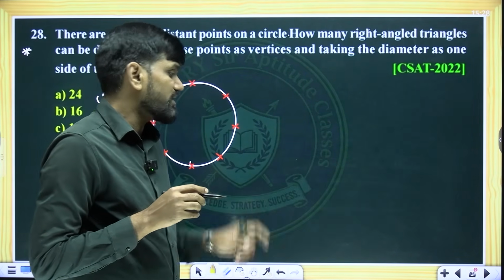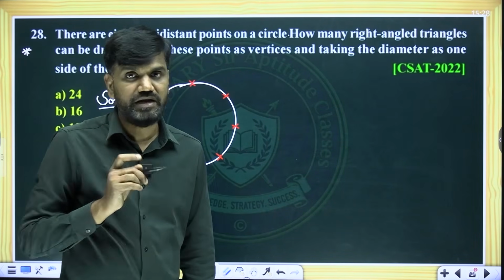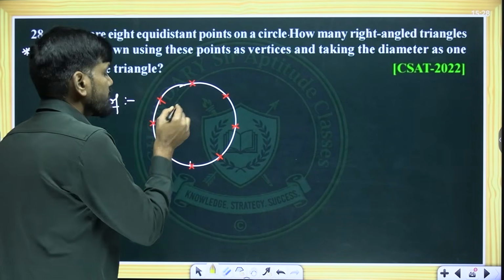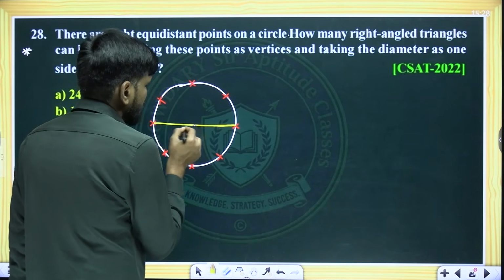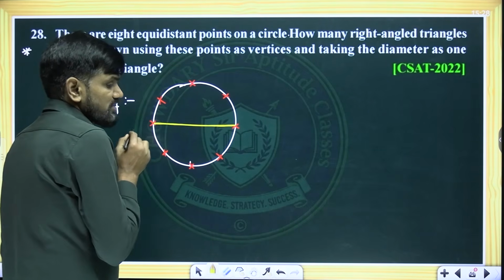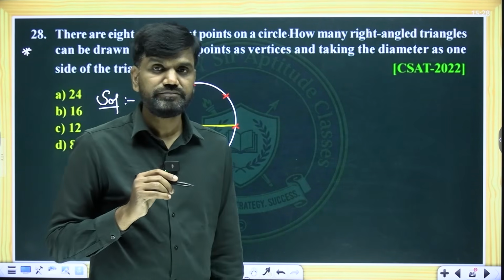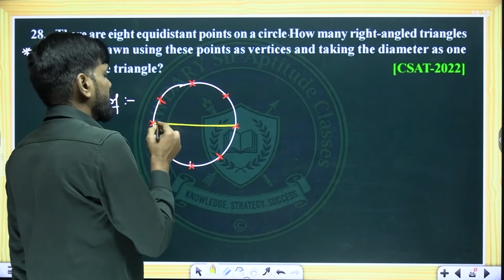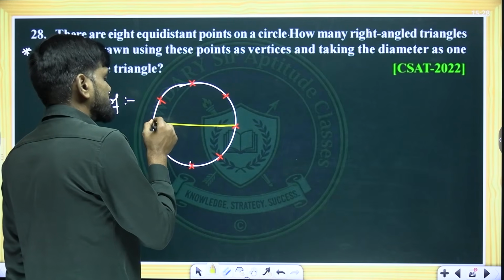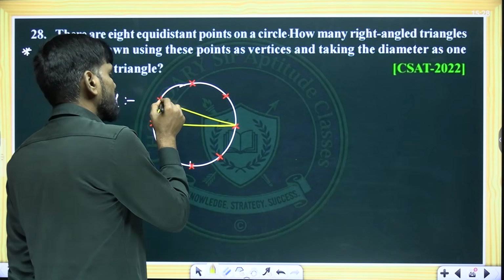Remember, a right-angled triangle means the diameter should be one of the sides, then only you can get a right-angled triangle on a circle. So here, if you take this as the diameter, with 2 points you can form one diameter. After forming the diameter, with the help of any point you can form a right-angled triangle. By taking this as one of the sides, if you join this, that will become a right-angled triangle.